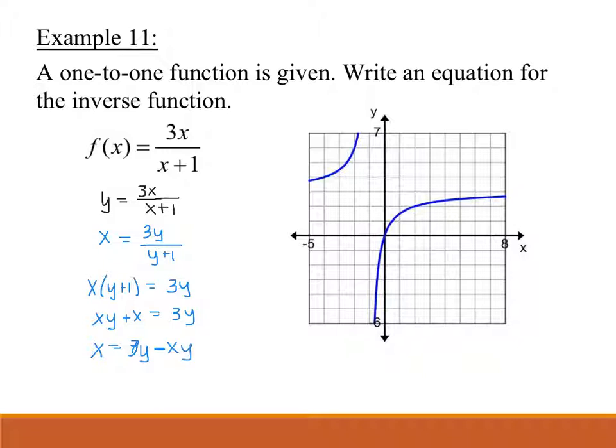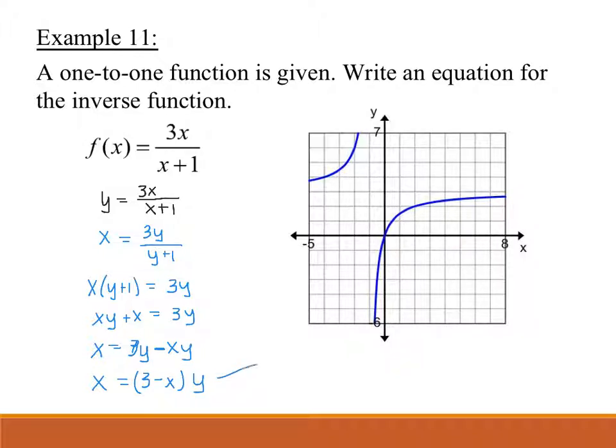We can do that. We can bring the xy. And now I'm going to take a y out of both of these terms. So now I get x equals (3 minus x) times y.